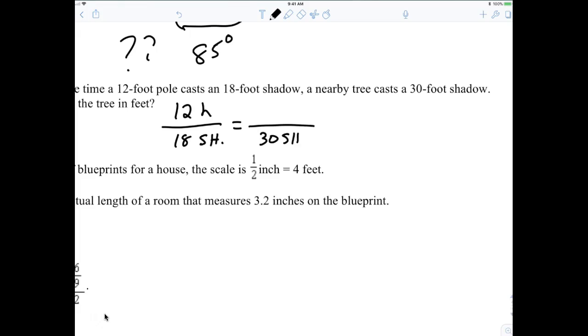The 30-foot shadow goes on the bottom. X goes on the top. So let's cross multiply. 18x is equal to 360. So what is x equal? 20. 20 what? 20 feet. Nice.